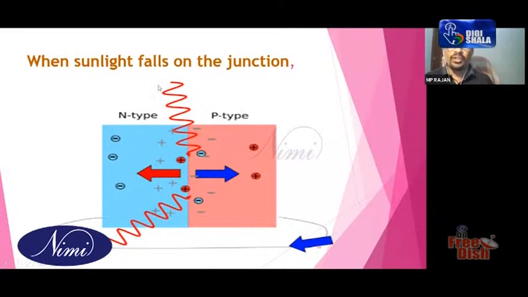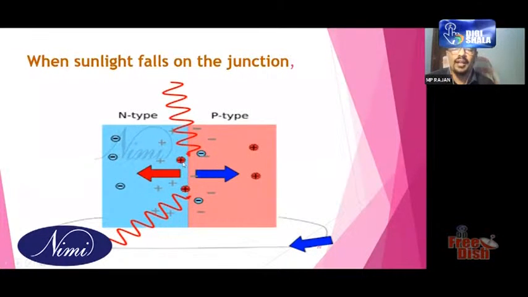Now, when the light, the photon, falls, it breaks the neutral atom. The light energy is utilized to break some of the atoms. These are all neutral atoms, and electron-hole pairs are formed.